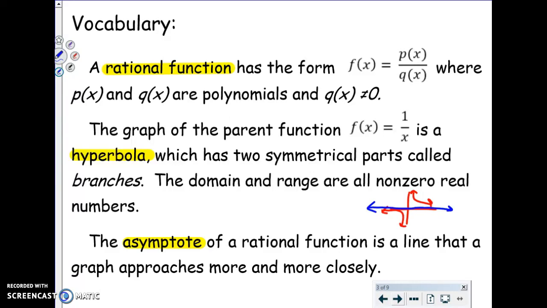That would be considered the horizontal asymptote. And then the vertical asymptote on this one is the line x equals 0, because it gets really close to the y-axis, but it never touches it. So those are the words that you want to study.